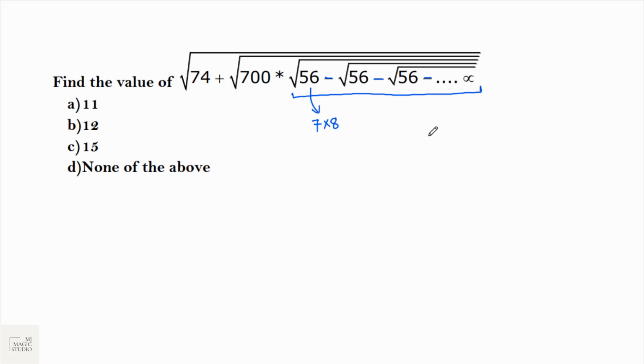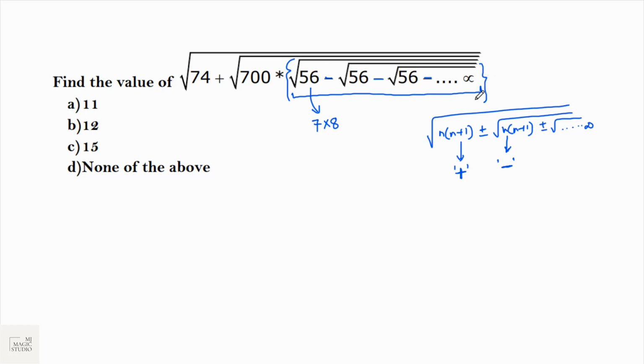Then we know that if it is of this form, the continuing part is of the form root over n into n plus 1 plus or minus root over, and this goes to infinity. Then the answer is n plus 1 if we have got a plus sign always, and the answer is n if we have got a minus sign always. Since it is a minus sign, the value of this particular part will drop down to 7.